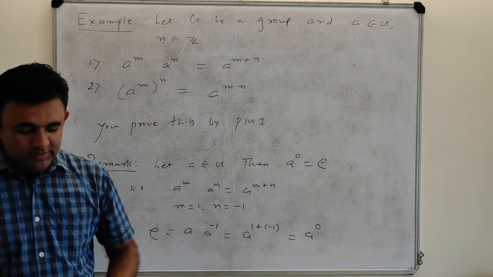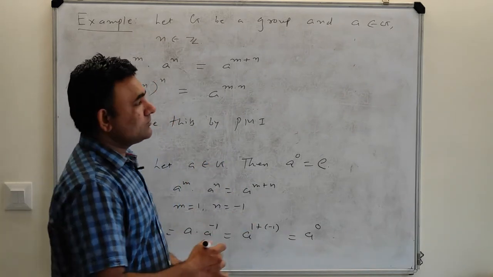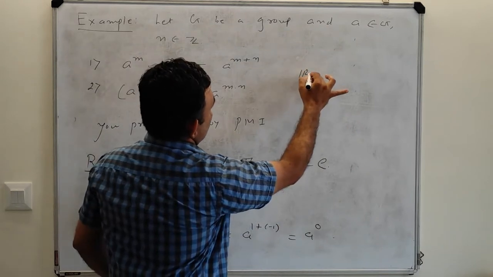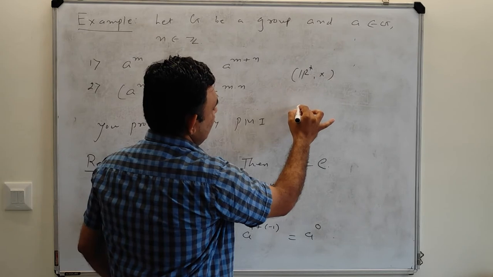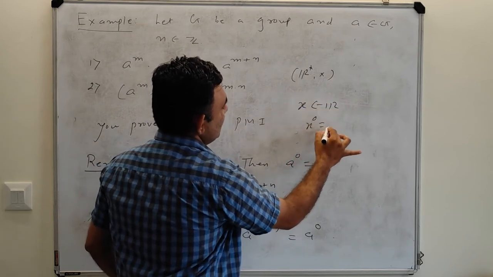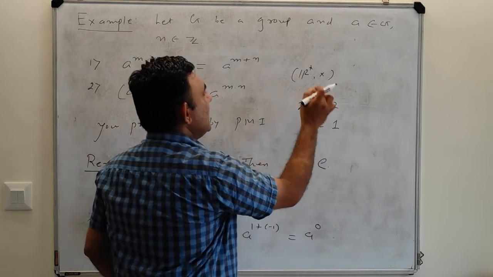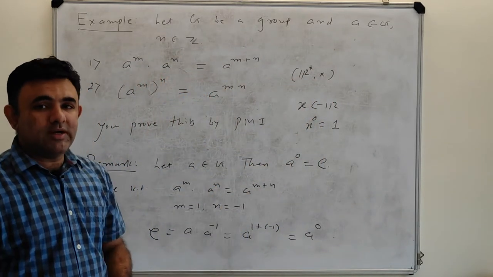And we are familiar with this at school level: you consider R star with multiplication, then for any real number x belongs to R, x raised to 0 is 1. But what is 1? 1 is the identity element of R star.